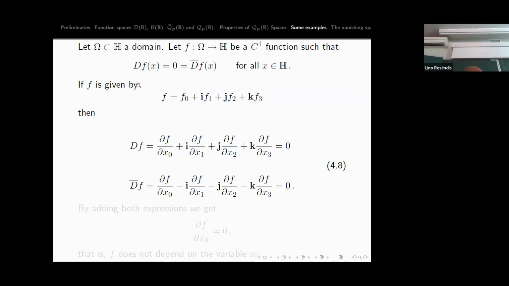Then we write F in this form. We apply both operators, D and D bar, and we consider that the value is 0. If we add both expressions, then we get that the partial of F with respect to x0 is equal to 0. That is, F does not depend on the variable x0.